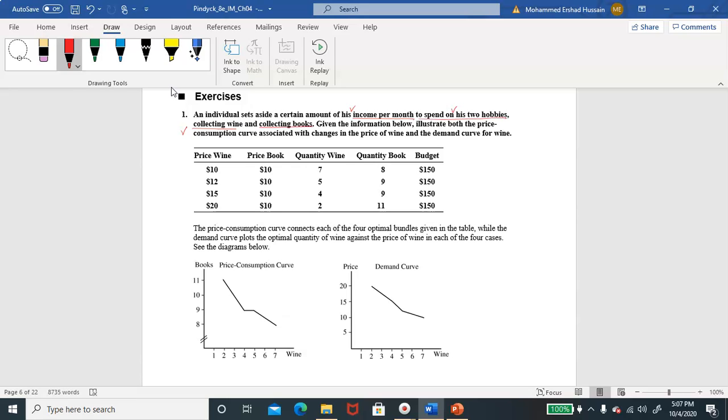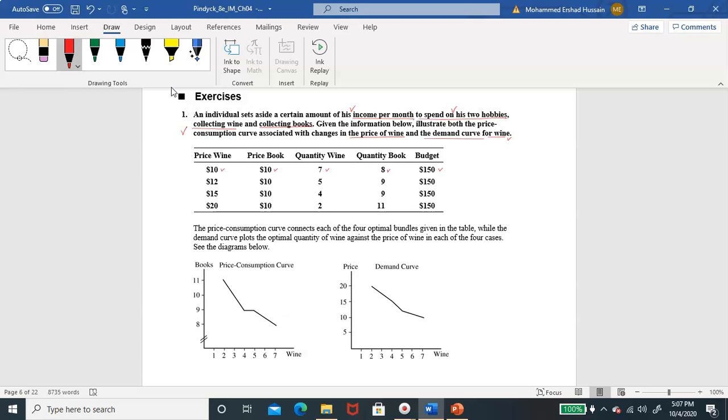Given the information below, illustrate both the price consumption curve associated with changes in the price of wine and the demand curve for wine, right? The price of wine, price of book, quantity of wine, quantity of book, and the budget is 150. When the price of wine is $10 and the price of book is $10, the quantity of wine is 7 and the quantity of book is 8.